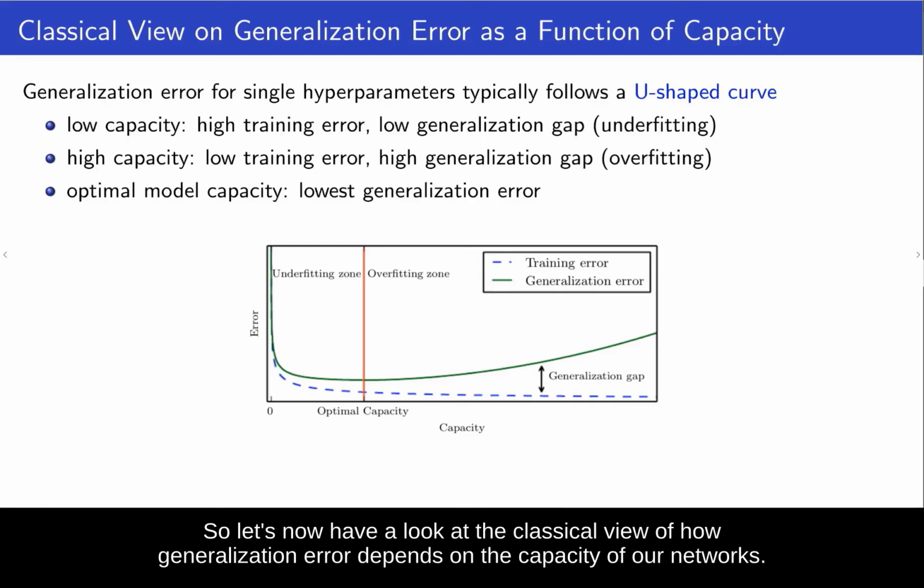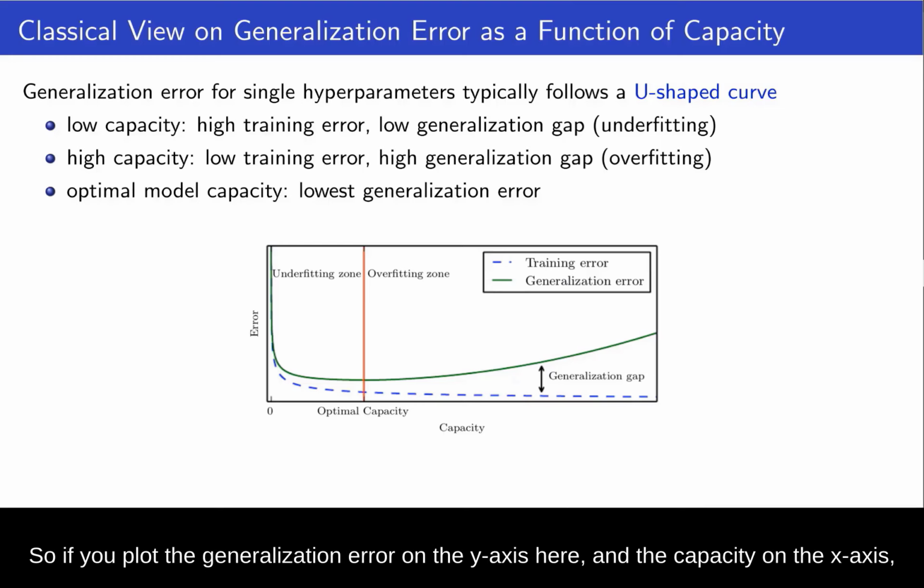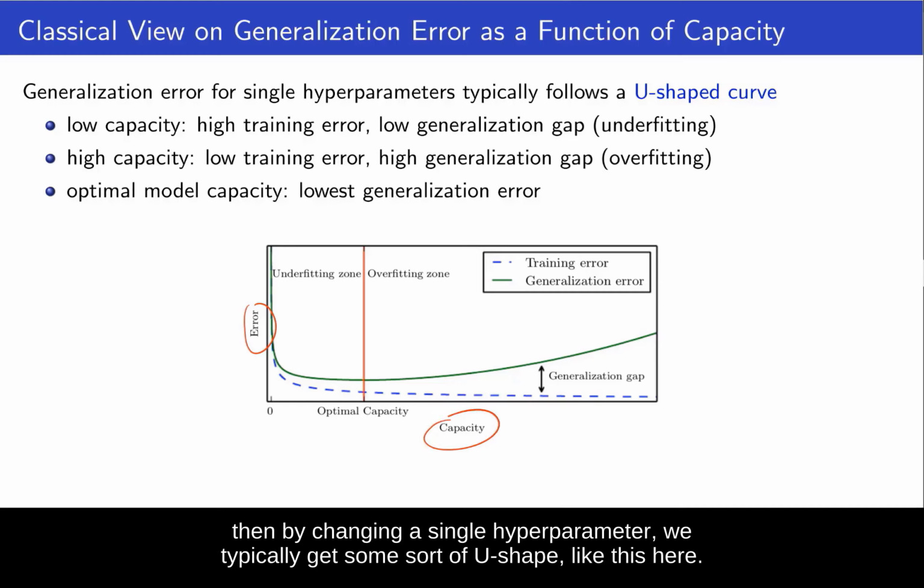So let's now have a look at the classical view of how generalization error depends on the capacity of our networks. If you plot the generalization error on the y-axis and the capacity on the x-axis, then by changing a single hyperparameter, we typically get some sort of U-shape, like this here.